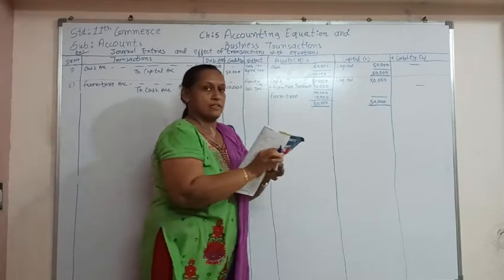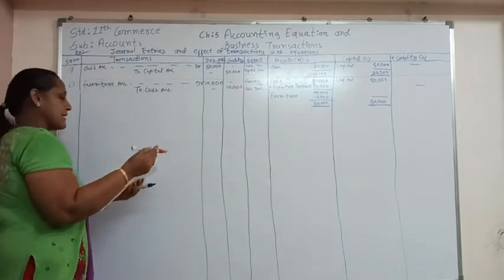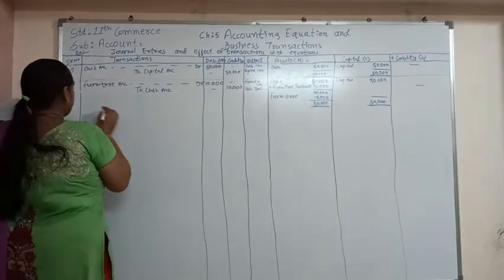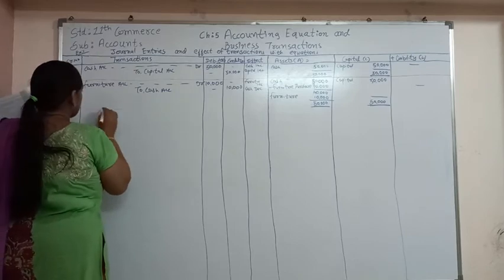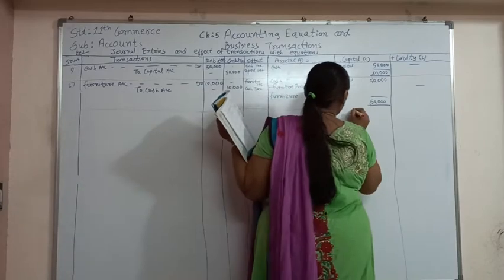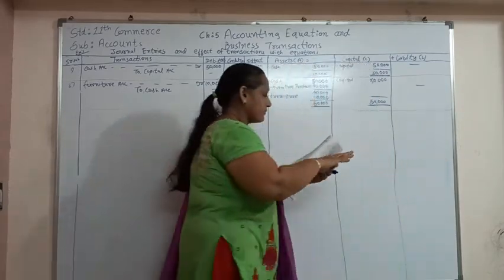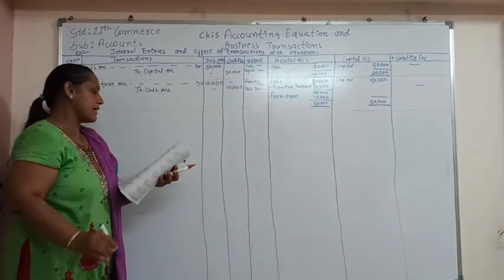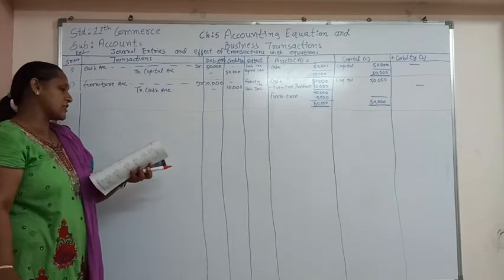So this is transaction number 2, and now let's see transaction number 3. The third transaction is goods of rupees 12,000 purchased in cash.